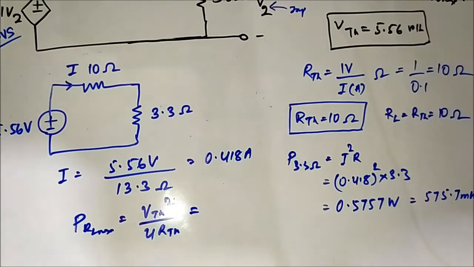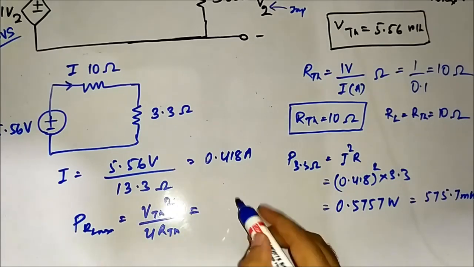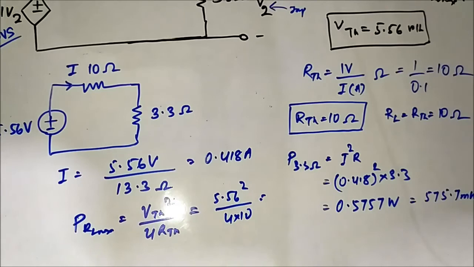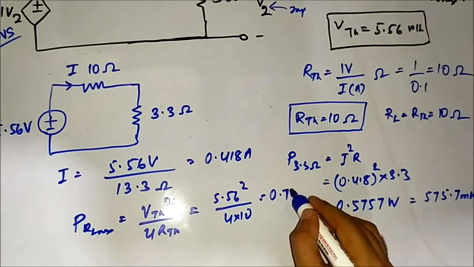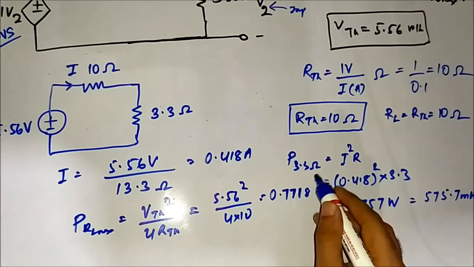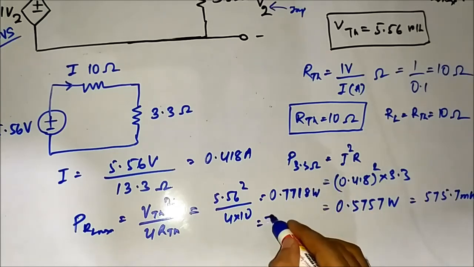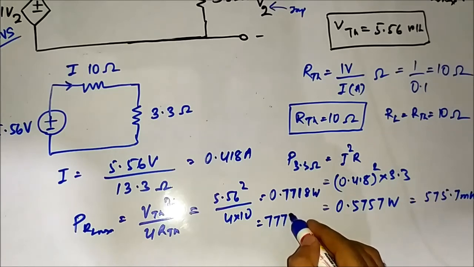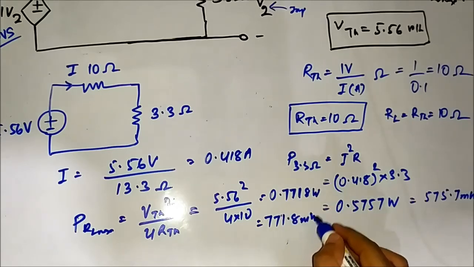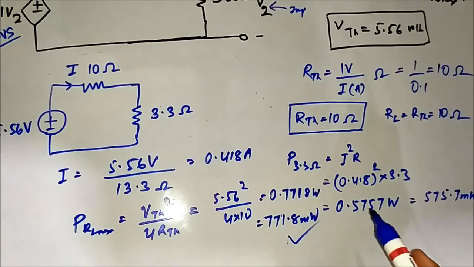Okay, so that is equal to 5.56 square by 40, which is coming around 0.7718 watts, which is equal to 771.8 milliwatts.